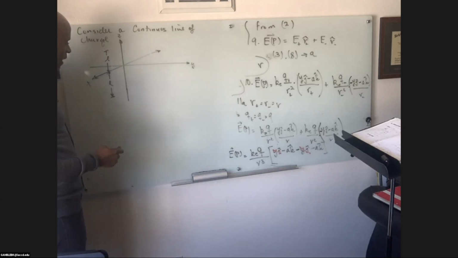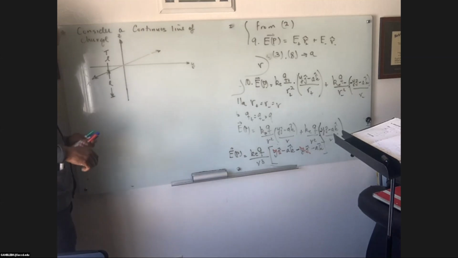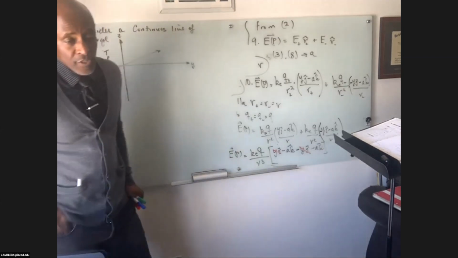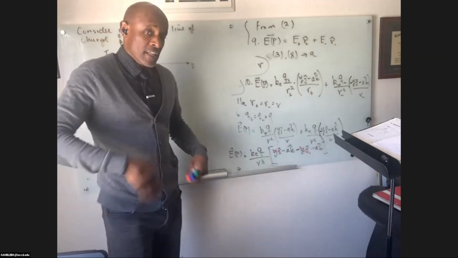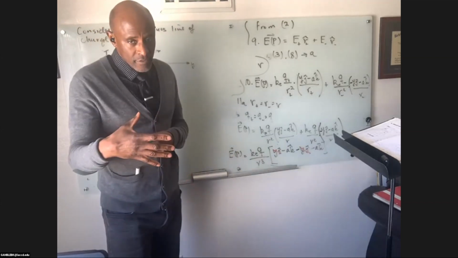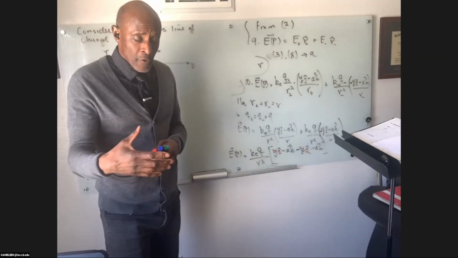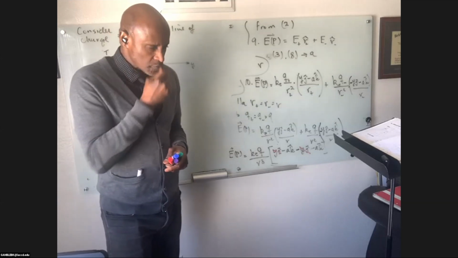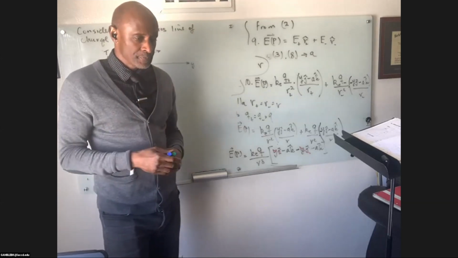Now, when we say an infinite line, remember in physics, we generally deal with three different geometries: rectangular geometry, cylindrical geometry, or spherical geometry.